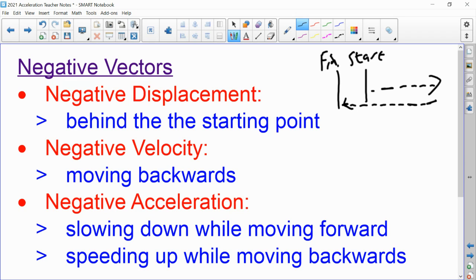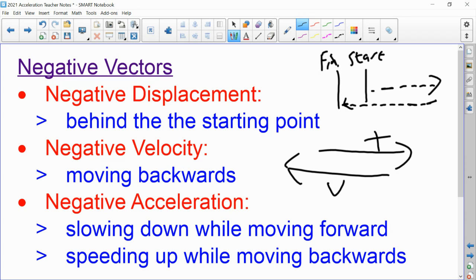If I have negative velocity, that means I'm moving backwards. So if I say to the right is positive, that means my velocity must be to the left. Negative acceleration is a little bit trickier, because the reason it's negative is not necessarily just the direction it's in, it's whether the speed is increasing or decreasing as well.